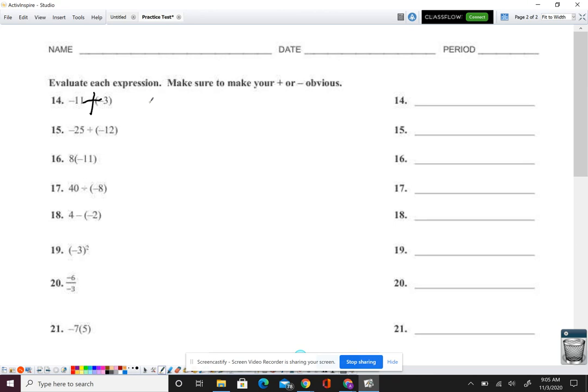So I have negative 11 plus 3. If you put the plus sign there, I would take that as work shown. They're opposite signs, so I subtract them. 11 minus 3 is 8, but the sign from the larger is negative.